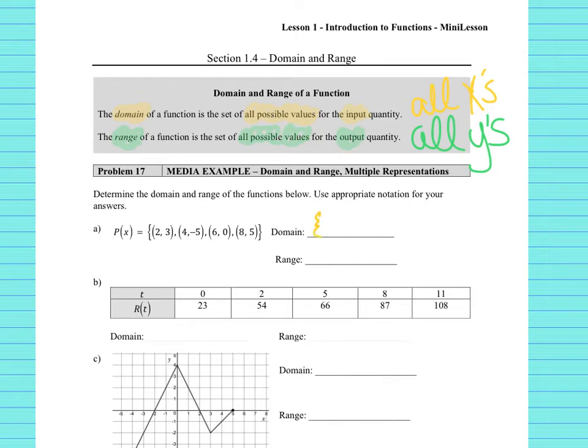Our x values in those ordered pairs are a 2, a 4, a 6, and an 8. Well, they're already in order counting up because 2 is the smallest, 4 comes next, then 6, then 8. So I'm just going to write 2, 4, 6, 8. And then I'm going to close it up with another horrible-looking bracket on the end.